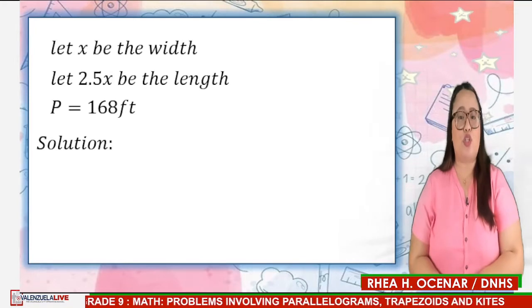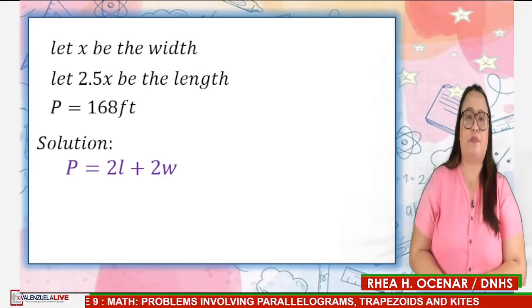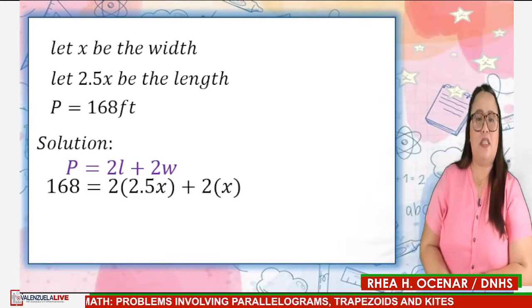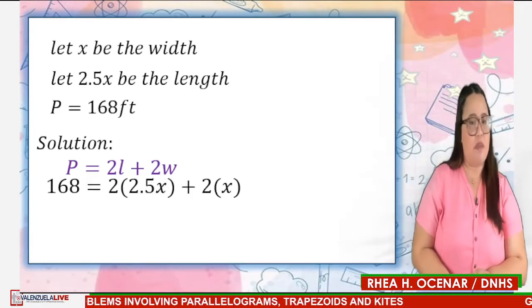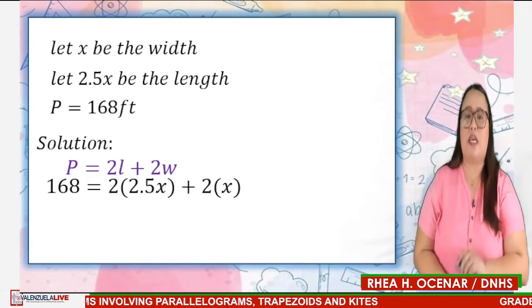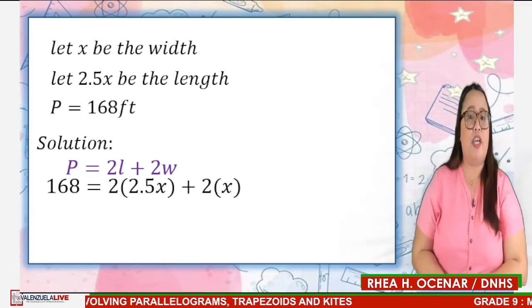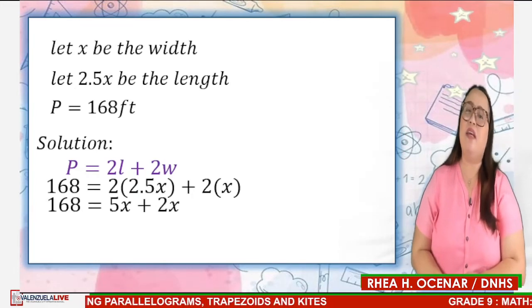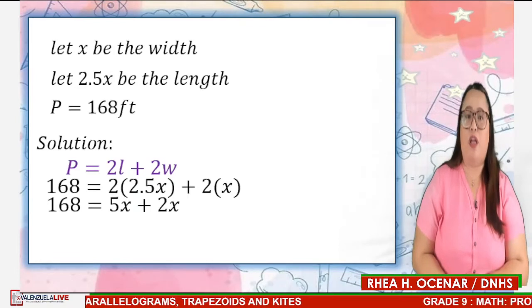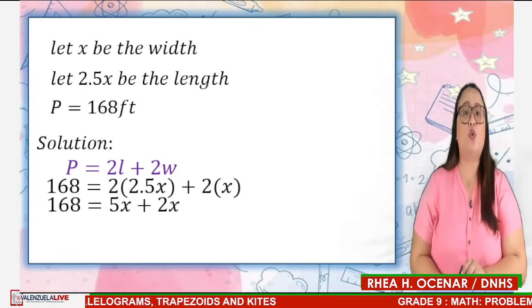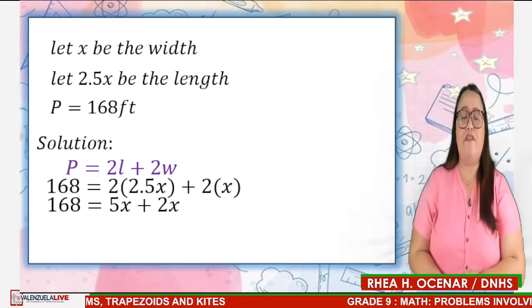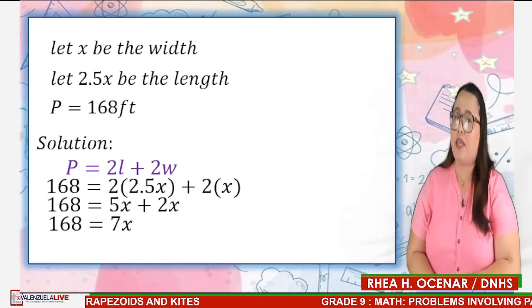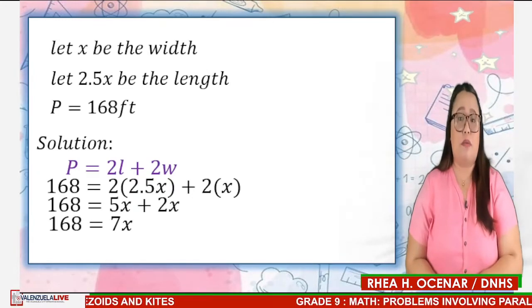By substitution, we have 168 is equal to 2 times 2.5x plus 2 times x. Simplifying, we have 168 is equal to 5x plus 2x. Combining similar terms, we have 168 is equal to 7x.